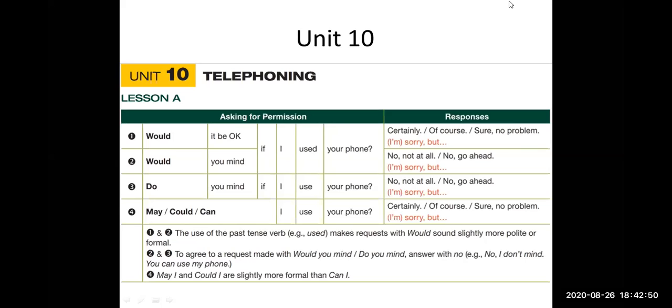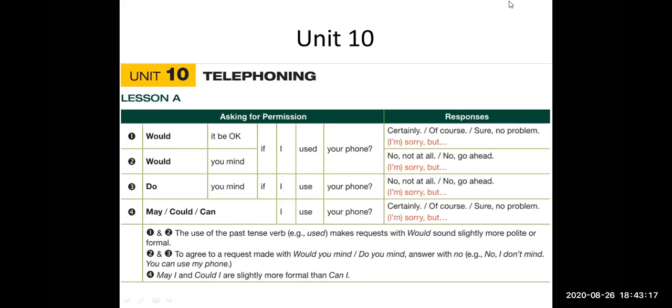I have a question. Yes, Lanji, tell me. Will it be okay and would you mind, the verb is always in past. Exactly. Always in past. Excellent. Teacher, I have something to add.